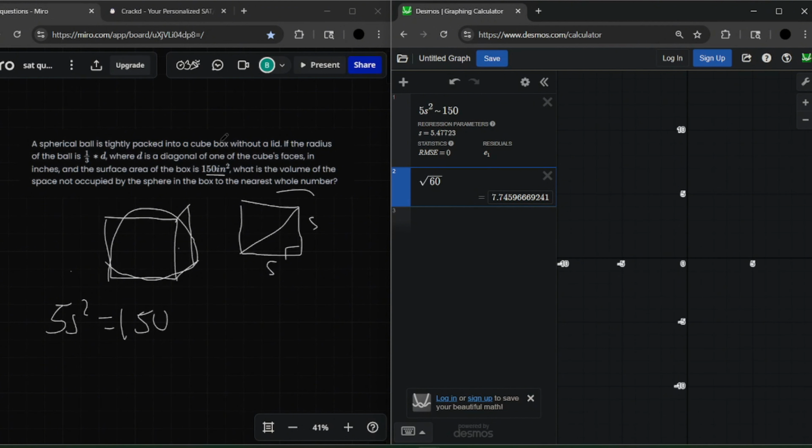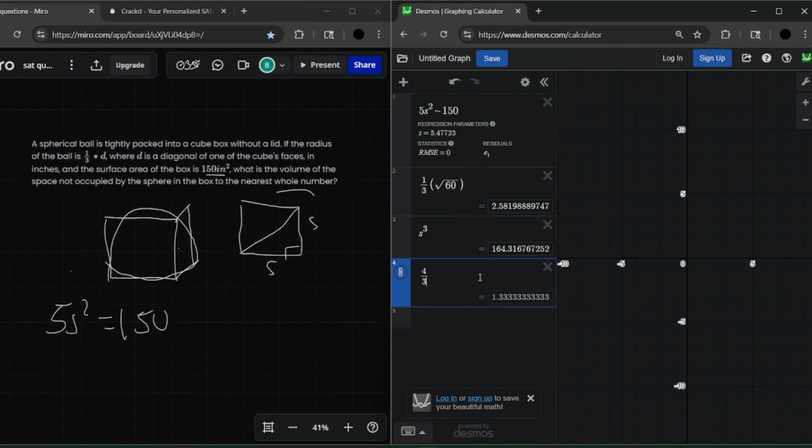And now the radius of the ball is a third of that diagonal. So 1/3 of the square root of 60 is this. So now we have the sphere's radius. But first things first, now that we have our side, we're just going to do side cubed, and we get this.